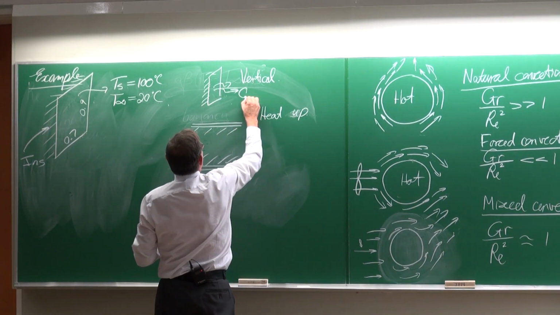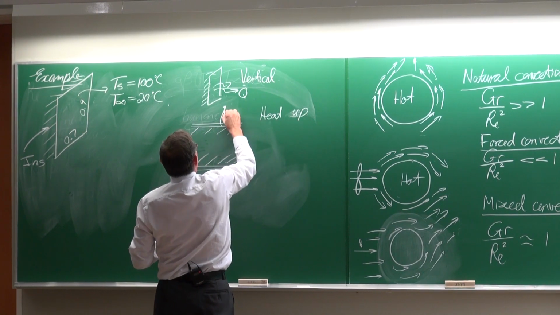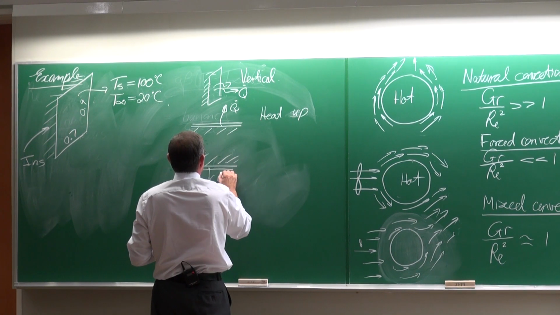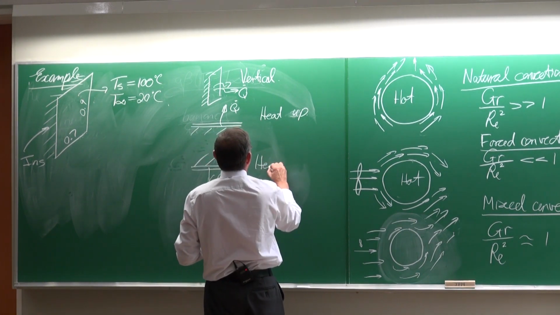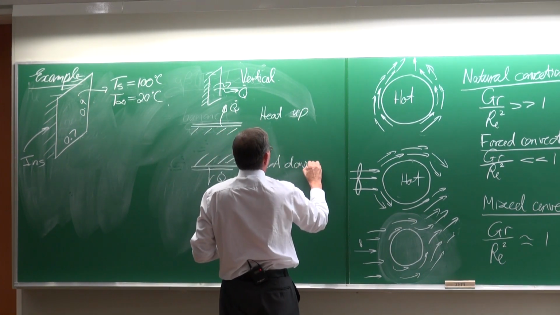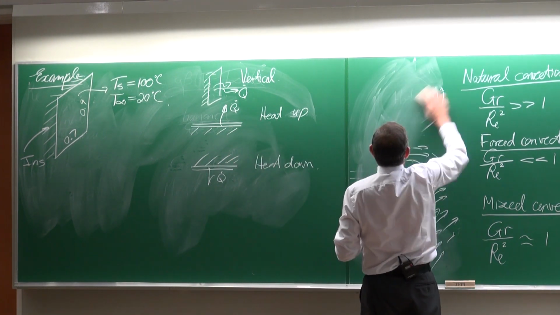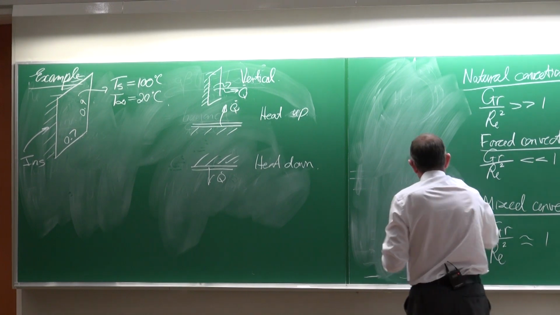So we can show the heat transfer rate like that, going up like that, and then that one going like that. Heat transfer facing down. So those are the 3 possibilities.